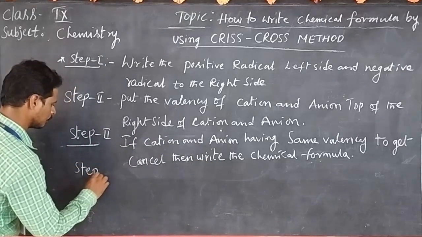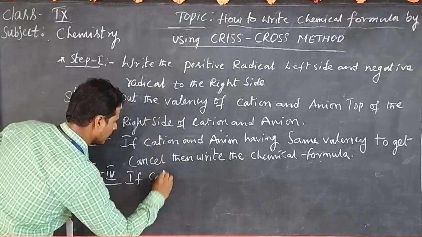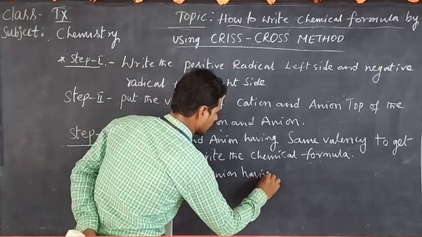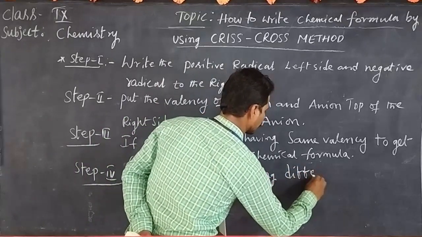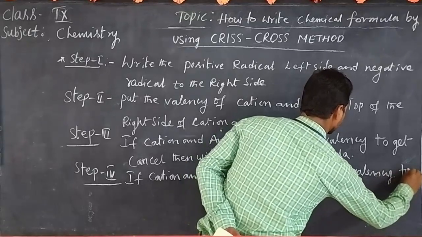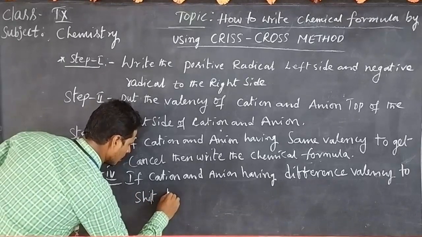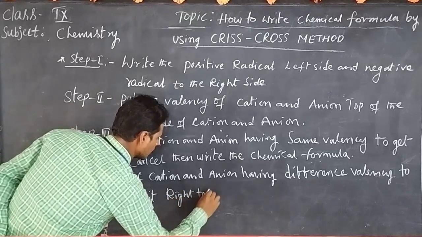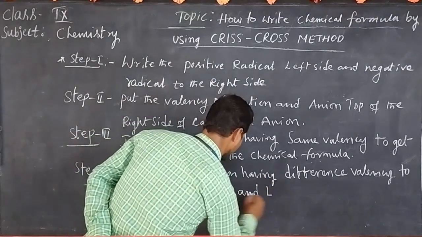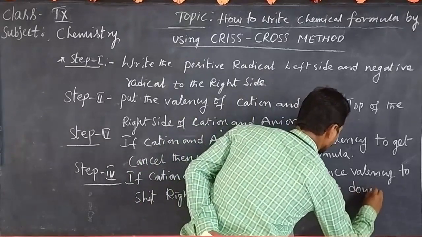Step 4. If cation and anion have different valency, shift right to left and left to right, downside.